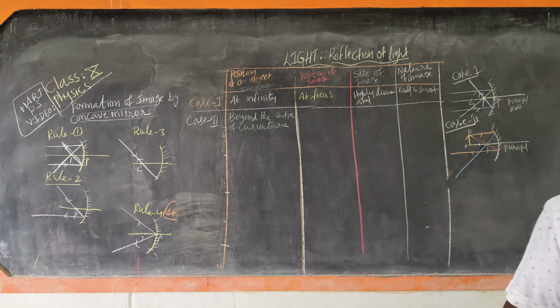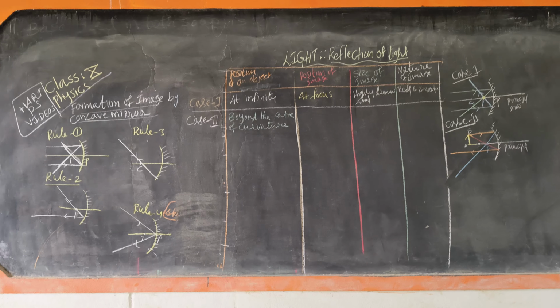As we know, the image is formed where the reflected rays converge at a point.